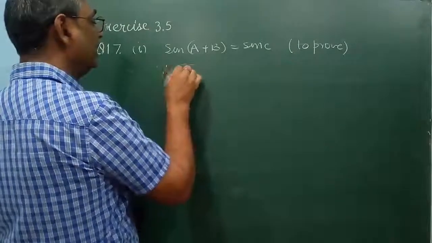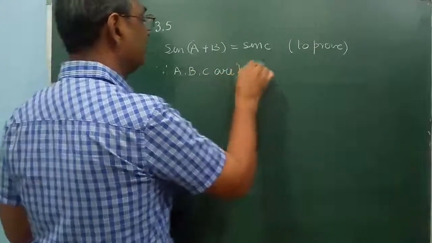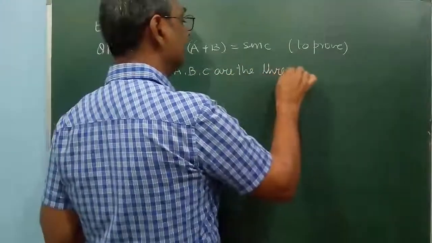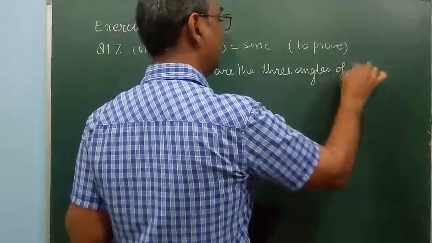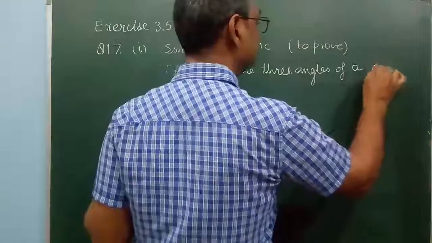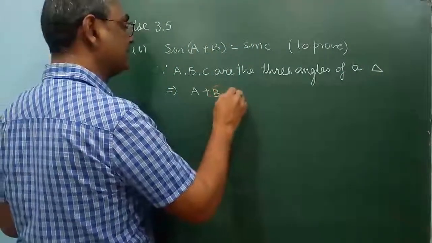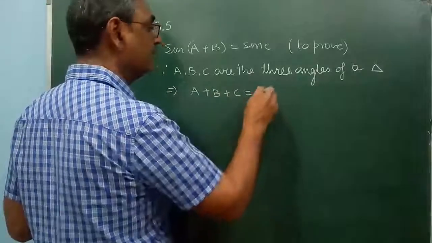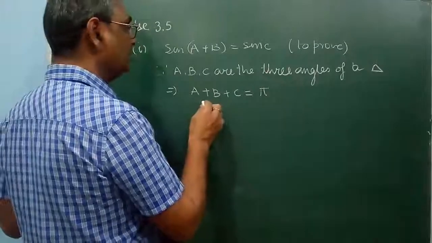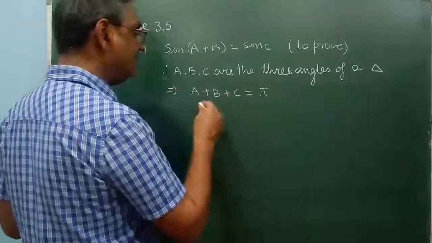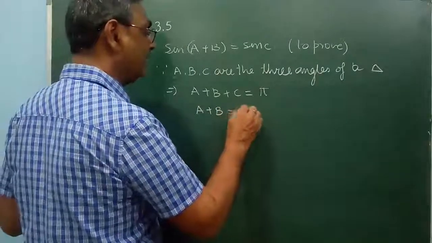Since A, B, C are the three angles of a triangle, implies A plus B plus C equal to pi. Pi means 180 degree, or you can write 180 directly. So A plus B will be equal to pi minus C.